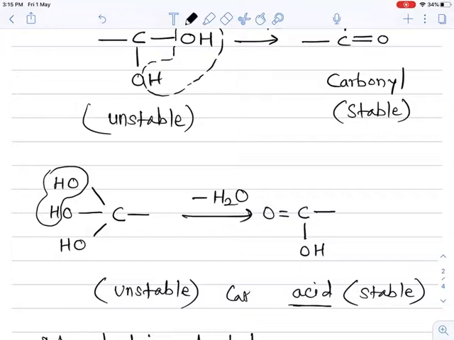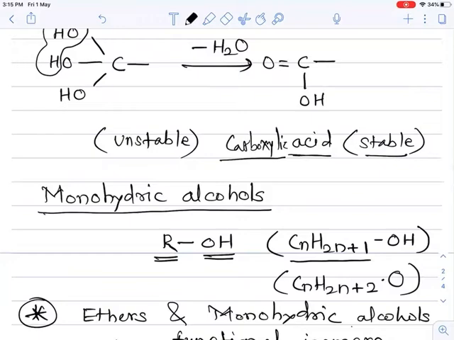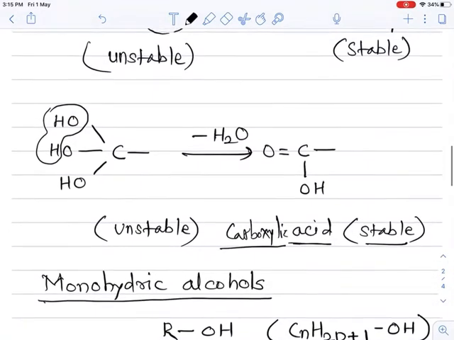This is the carboxylic acid, which is the stable one. Now here we complete the classification based on number of OH groups.